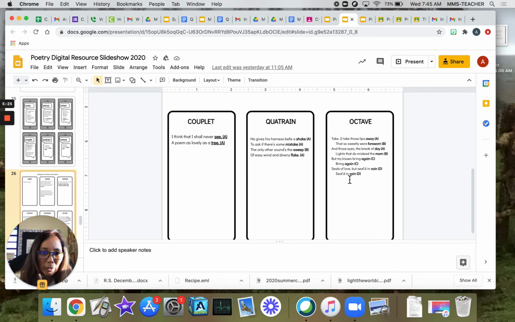Now if you count all of these, 1, 2, 3, 4, 5, 6, 7, 8, you'll notice that there are 8 lines. And these 8 lines make up an octave.